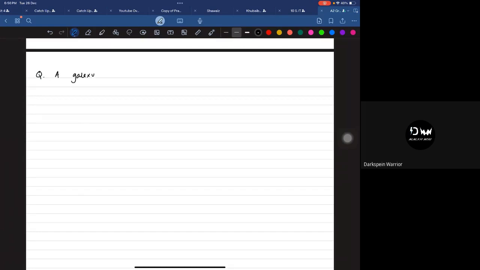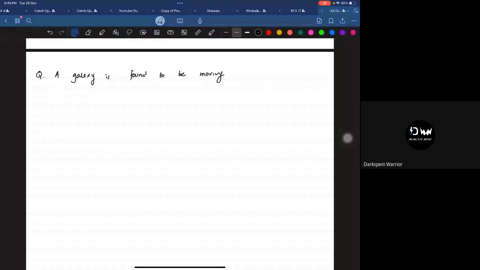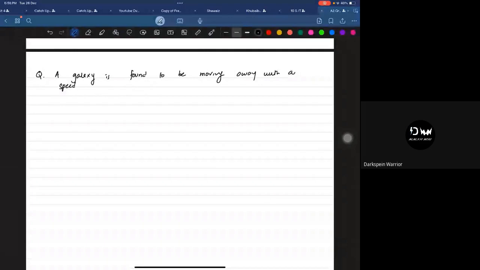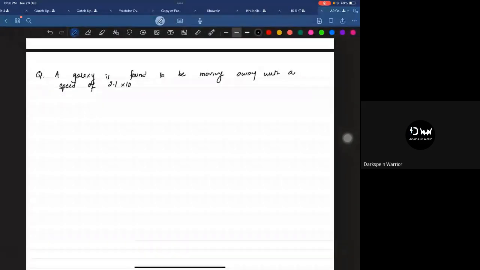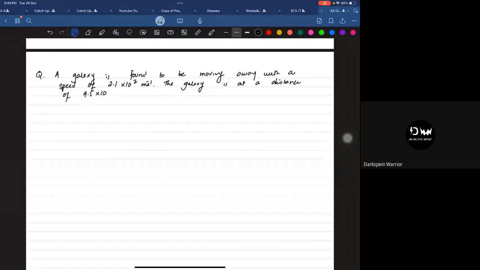You will find it. A galaxy is moving away with a speed of 2.1 times 10 raised to 7 meters per second. The galaxy is at a distance of 9.5 times 10 raised to 24 meters from Earth.